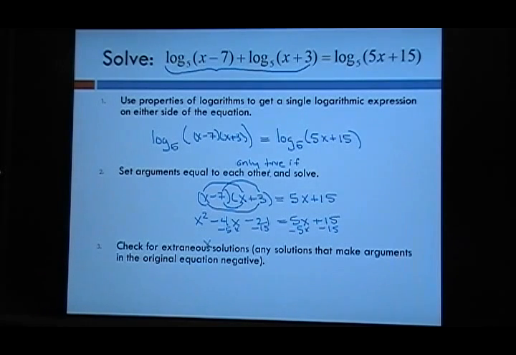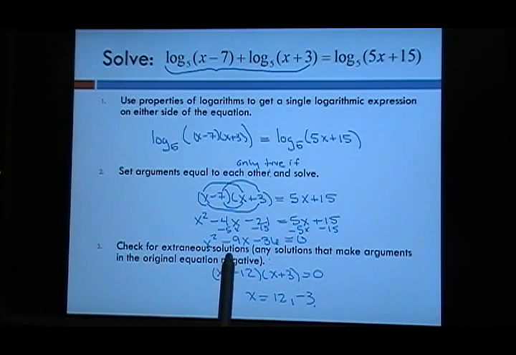So I have x squared minus 9x minus 36 equals 0. Going down here, that is factorable. That would factor into x minus 12 times x plus 3. So that gives me x must be either 12 or negative 3.